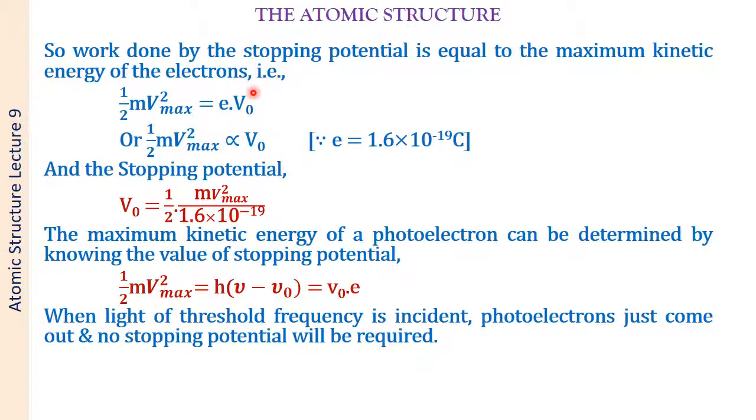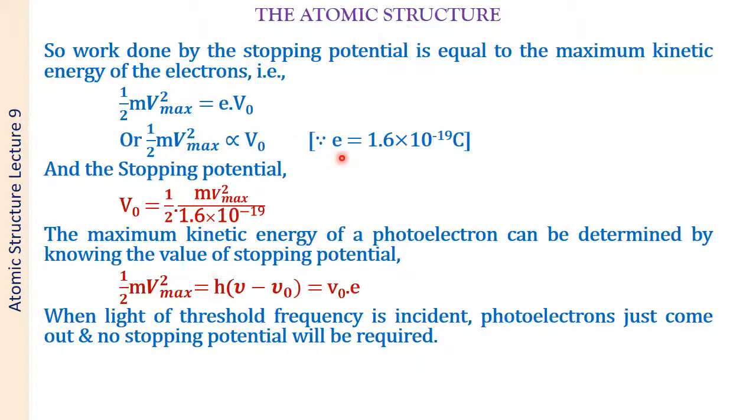I would not be doing that, but please do remember the relation that the work done by the stopping potential is the charge multiplied by the potential. So the charge on the electron e and V naught, the stopping potential, will be equal to the maximum kinetic energy of the electrons. Or we can say that the kinetic energy is directly proportional to the stopping potential.